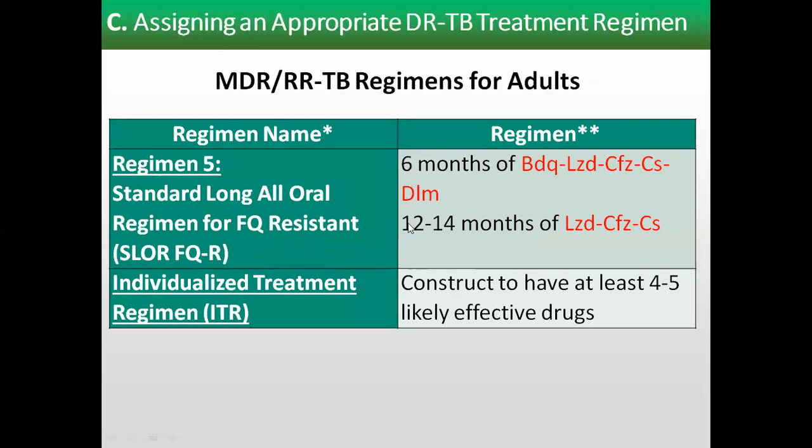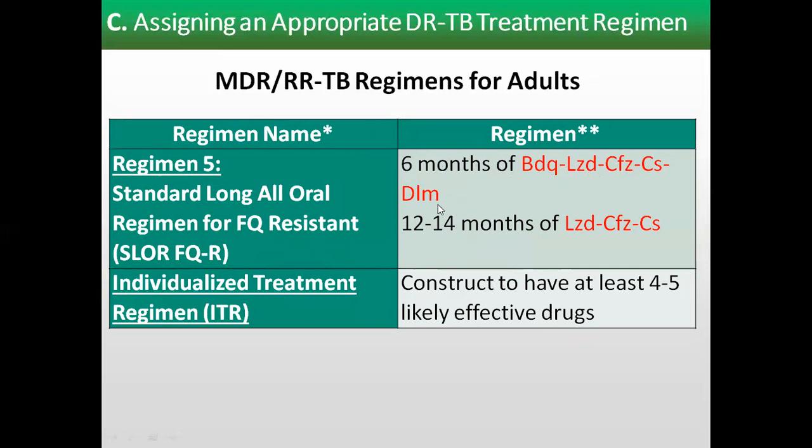So, pareho lang, pwede siyang 18 to 20 months, but the difference is you do not give or you drop the levofloxacin or the moxifloxacin. Instead, you give BDQ, linezolid, clofazimine, cycloserine, and delamanid. And then, after this 6 months initial treatment, you drop BDQ and delamanid because you only give BDQ and delamanid for as long as 6 months.